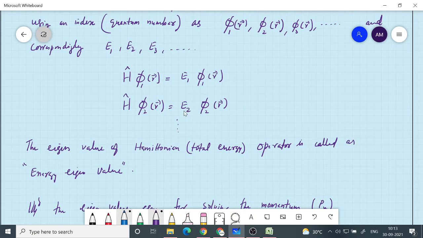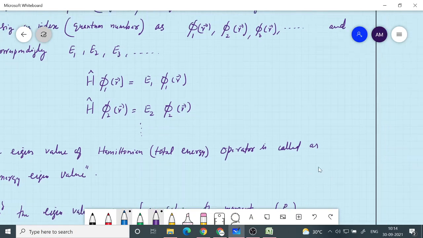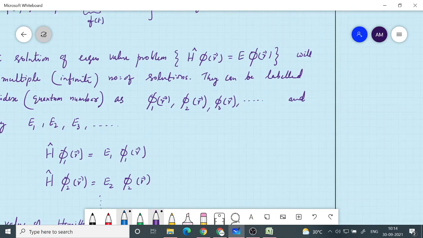It cannot take anything between E1 and E2. That is forbidden. So energy, momentum, all the observable quantities are discretized or quantized. Corresponding to each of those values, we have what is called a quantum number: energy quantum number, momentum quantum number, etc.